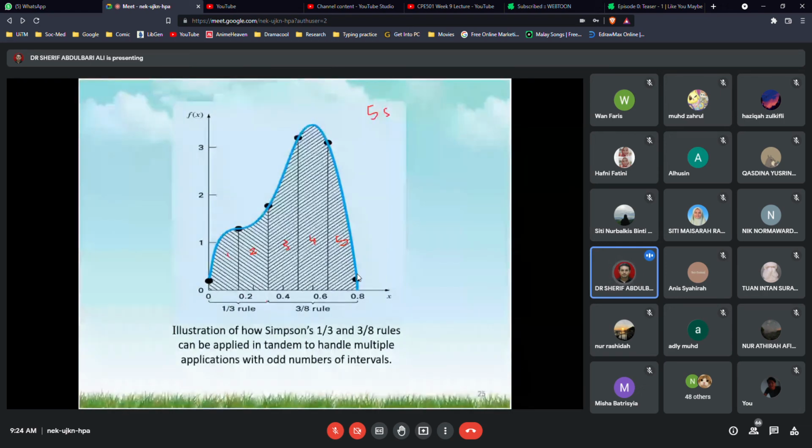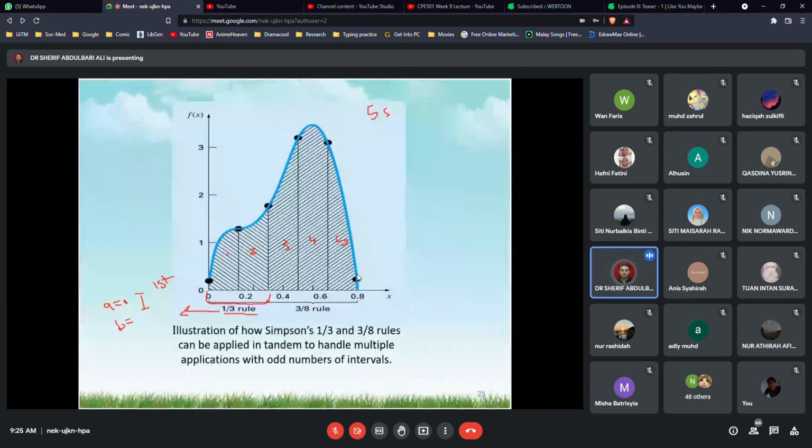So I'm going to solve from 0 to 0.4 for 1/3, calculating the first integral, where the limit a is equal to 0 and b is equal to 0.4.